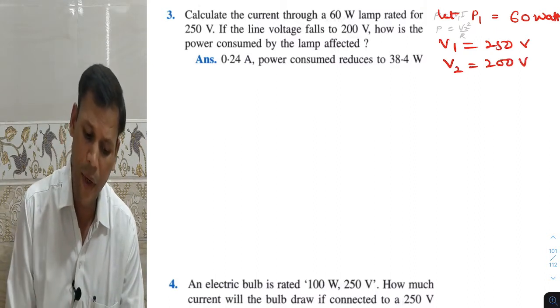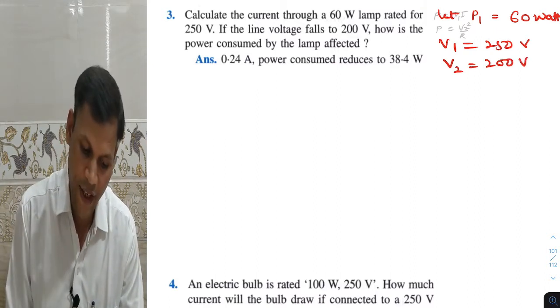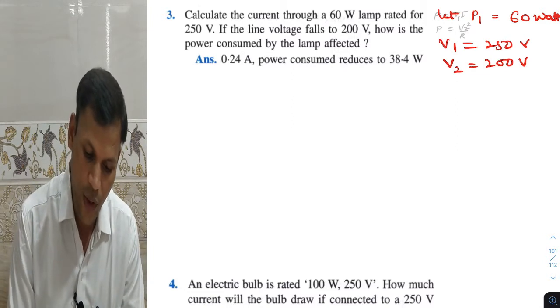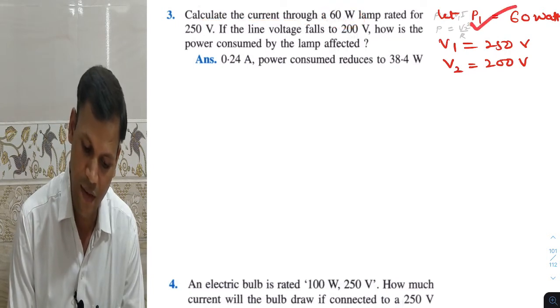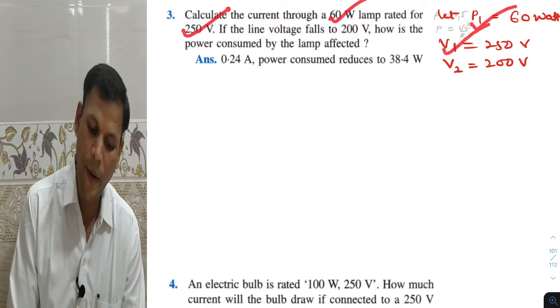So how is the power consumed by the lamp affected? First of all, we have to calculate the current through this power. So power P1 is given, V1 is given. We know power is VI.